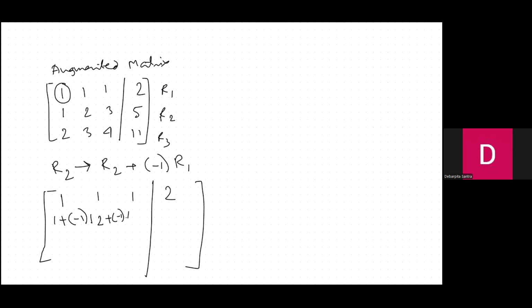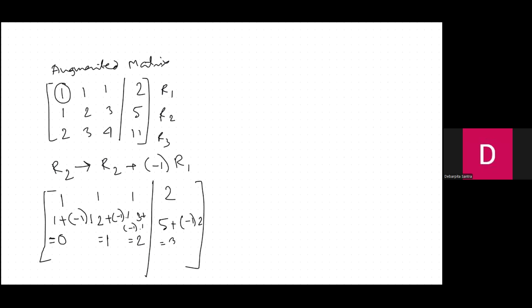Third one, 3 plus minus 1 into 1 is 2. Then 5 plus minus 1 into 2, that means 5 minus 2, that is 3. So the second row will be 0, 1, 2, 3.